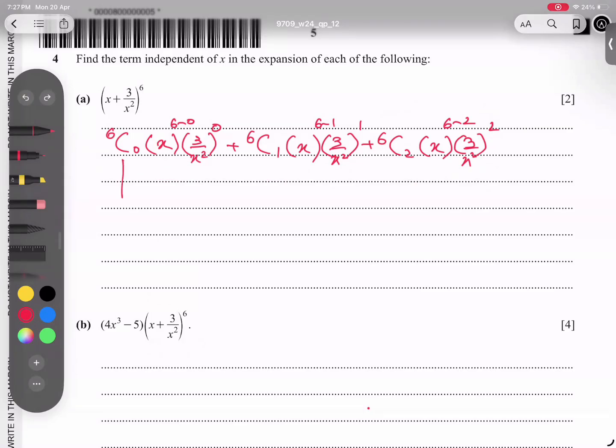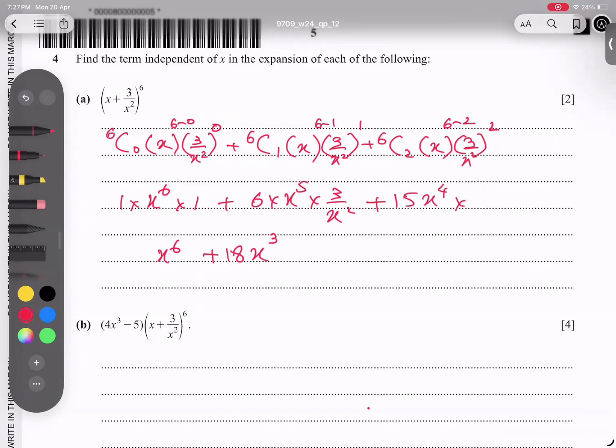So 6C0 is 1. x to the power 6 is coming here, something to the power 0 is 1, and I'm getting x to the power 6. 6C1 is 6. x to the power 5, 3 over x to the power 2. So 3 times 6 is 18. And 6C2, I think, is 15, and x to the power 4.